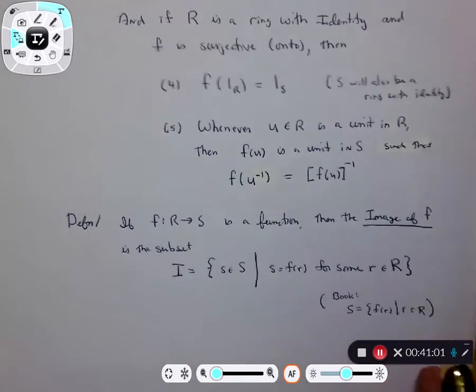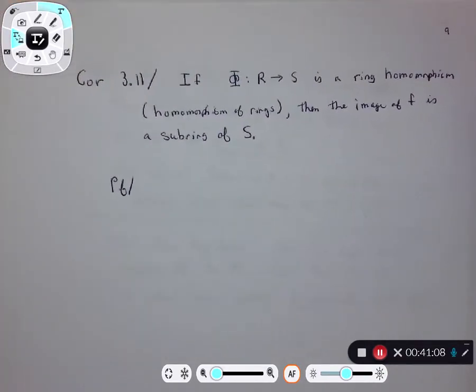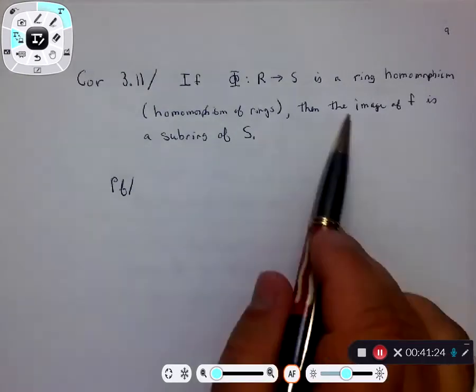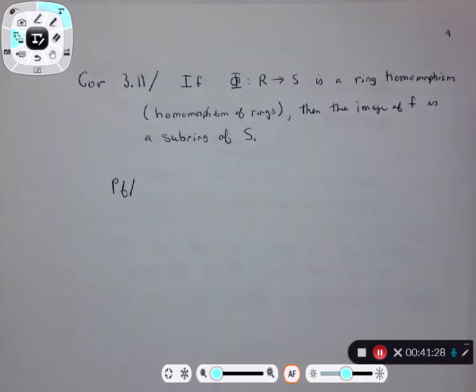So what's the big deal? Well, we have Corollary 3.11. Corollary 3.11 states this. If phi, going back to my classic Greek letters now, if phi from R to S is a ring homomorphism, a homomorphism of rings, that's two different ways of saying the same thing, then the image of F is a subring of S. There it is.